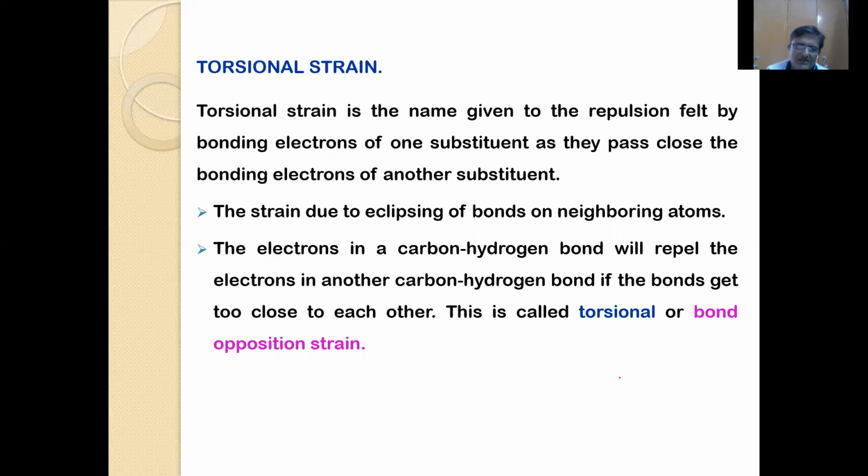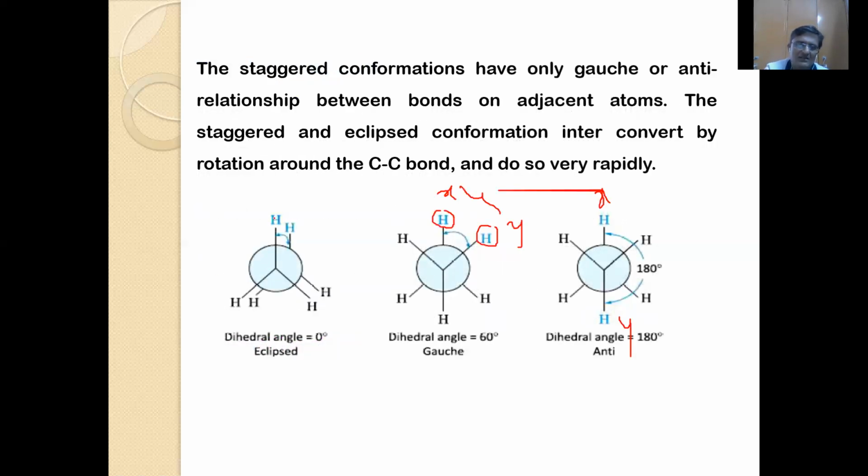Just you can see in the previous slide, these two hydrogen atoms are very close together. So therefore, bonding electrons, you have learned about VSEPR theory. There are three to four types of repulsion: bond pair, electron pair, lone pair, lone pair.